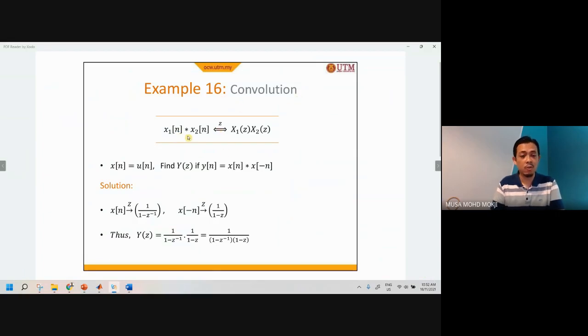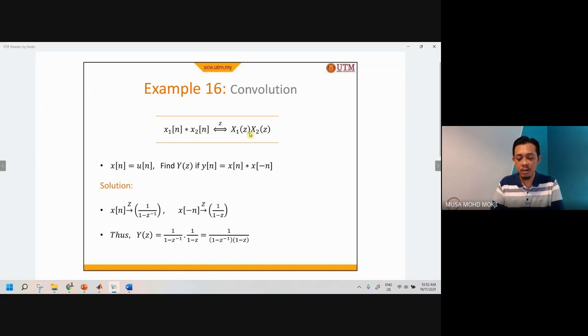If you have a convolution between two vectors, in this case these two vectors are signals, signal number 1 and signal number 2. But most of the time when you do this, it is on a system. Let's say you have two systems, h1[n] and h2[n], and then you do convolution. In the time domain, the convolution becomes multiplication in the transform domain.